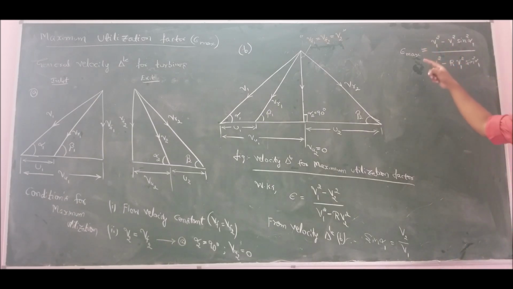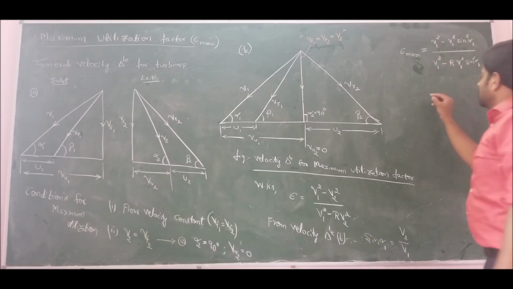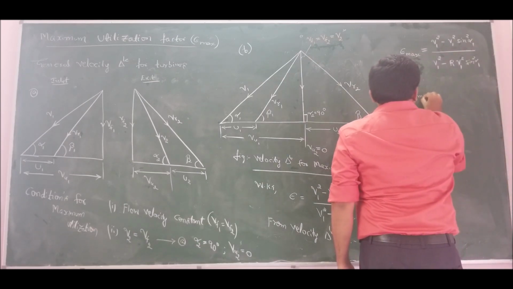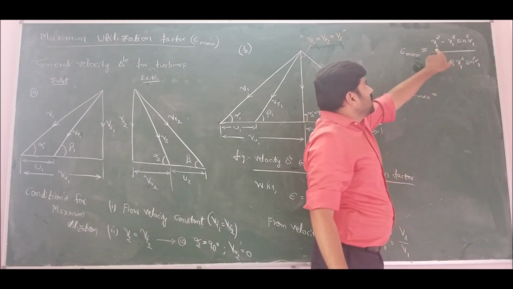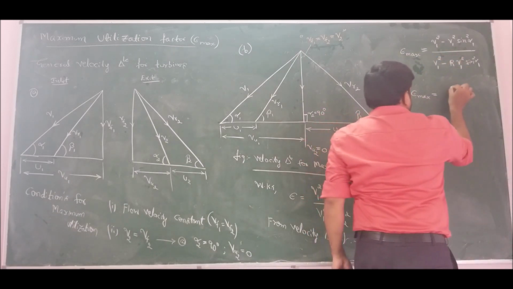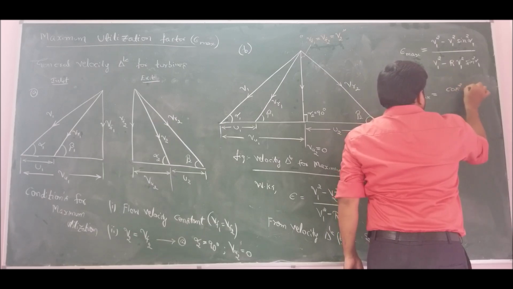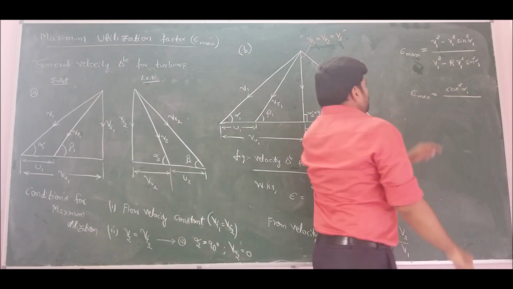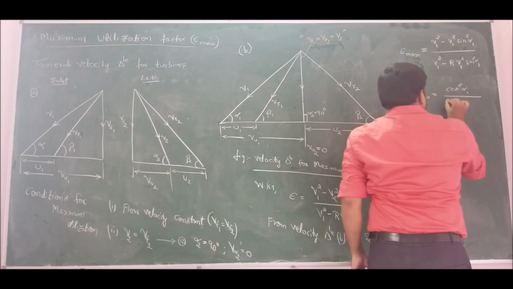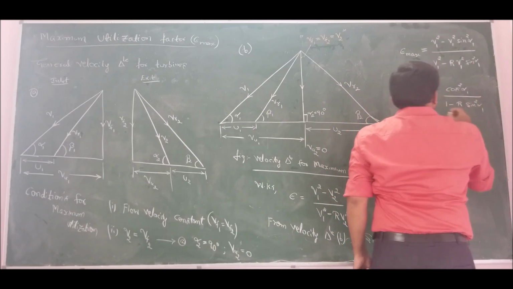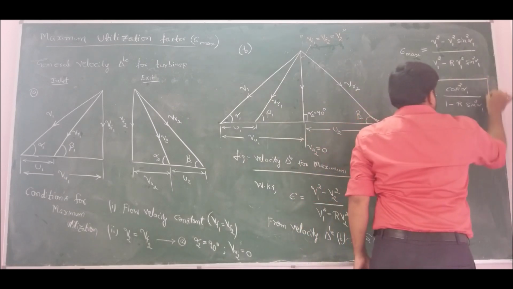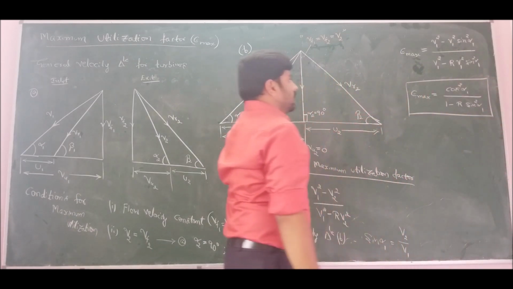I will take V1 square common in both numerator and denominator. So I will end up with epsilon max is equal to 1 minus sin square alpha 1, which is cos square alpha 1, divided by 1 minus R sin square alpha 1. So this is the equation for maximum utilization factor.